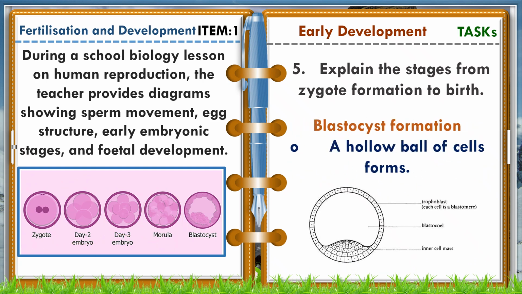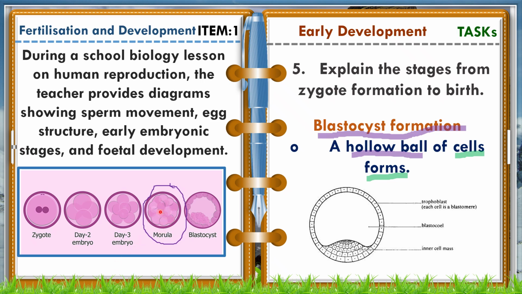Now let us look at blastocyst formation. A hollow ball of cells forms. Remember, we ended up forming a morula. Many cells having been formed by mitotic division, as you can see inside here.